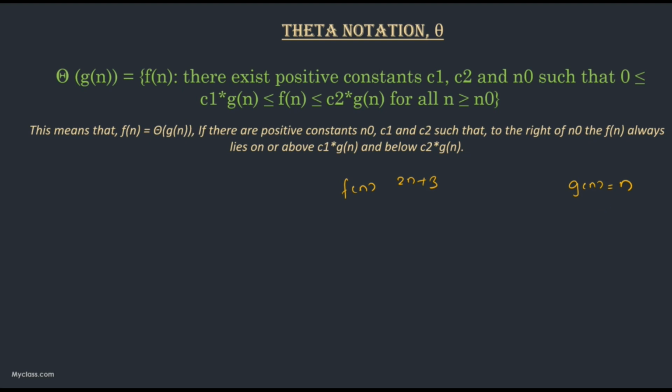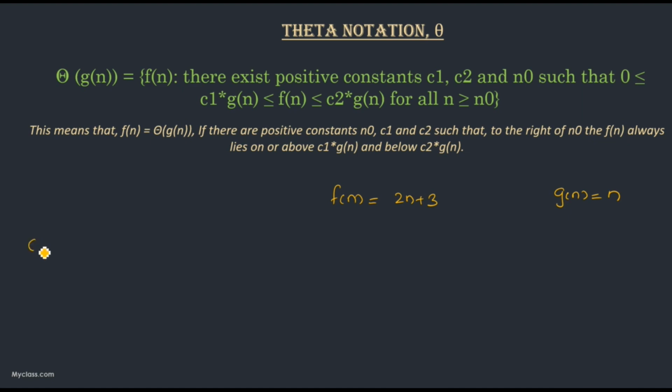For this g of n, we can write f of n is big O of g of n, and f of n is also omega of g of n. That means we can bound f of n between c1 into g of n and c2 into g of n. In this, we take our example as f of n equal to 2n plus 3 and g of n equal to n.